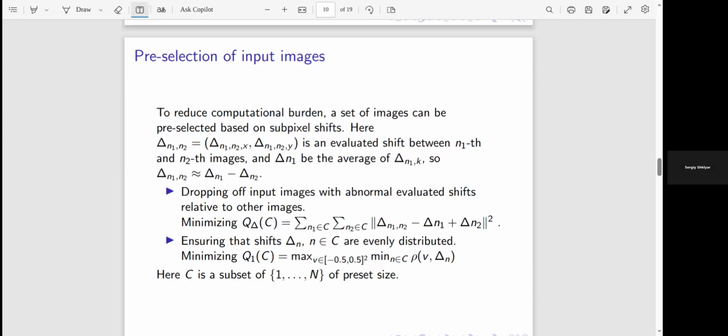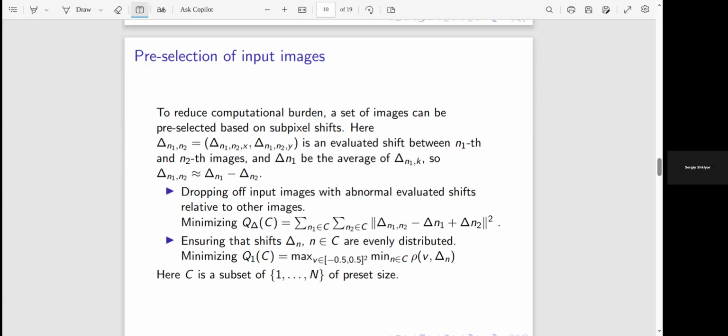First, we can check whether there is transitivity between shifts, whether the estimated shift between the first and third images is the sum of the shifts between the first and second and second and third images.